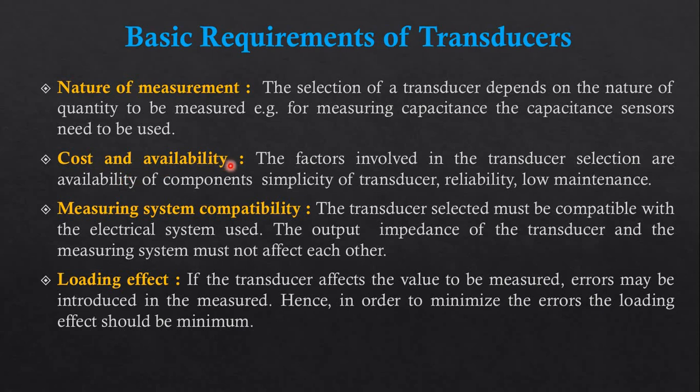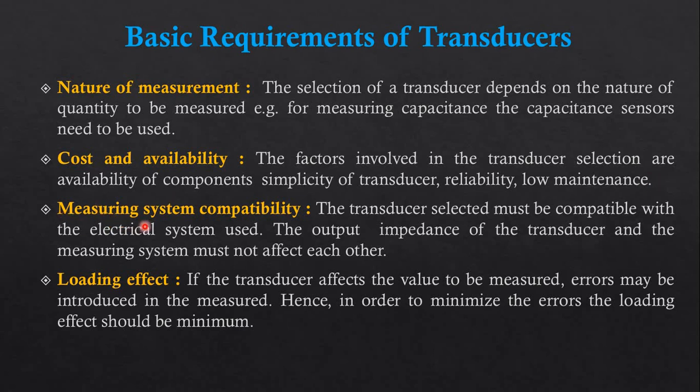Cost and availability: the factors involved in the transducer selection are the availability of the component, simplicity of the transducer, reliability and low maintenance. So we all require cost effectiveness and availability in our transducer, right? Reliability and low maintenance we require for our proper application for better performance, right?